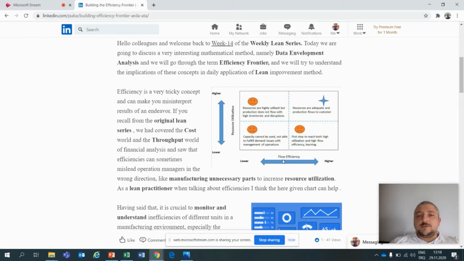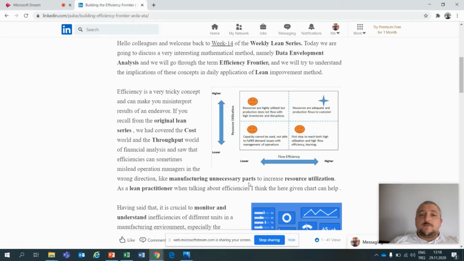sometimes you may make incorrect decisions, like just because you have some resources, trying to utilize them and creating additional inventories and disruptions, sometimes manufacturing unnecessary parts that you will not need in your production in serving the customer.